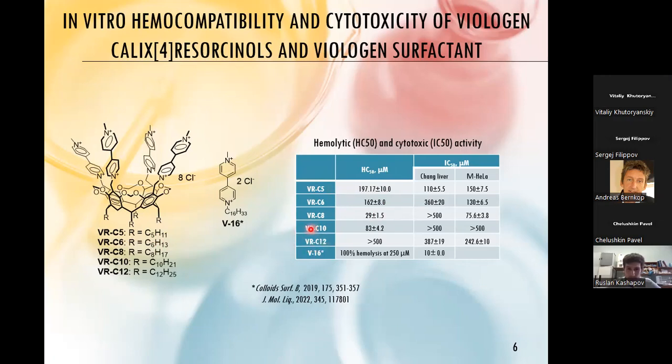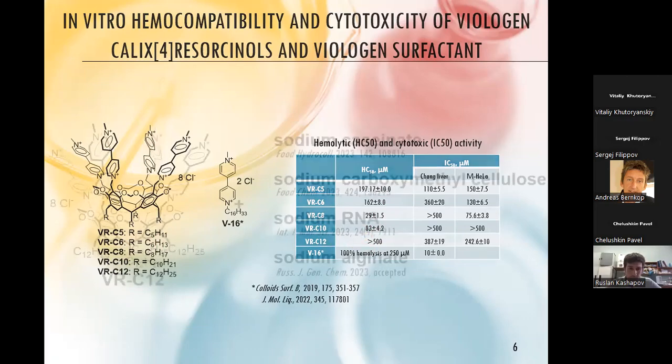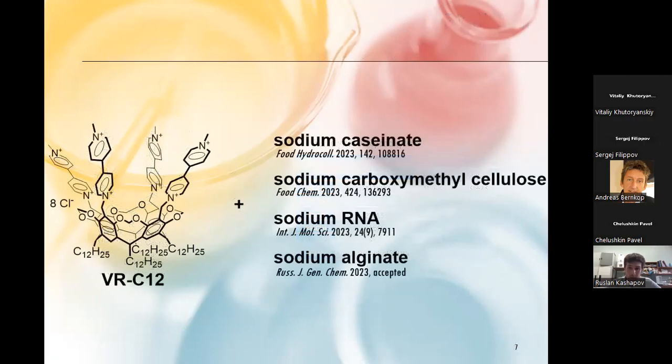And the dodecyl macrocycle doesn't cause hemolysis of erythrocytes in the studied concentration range. Due to the fact that dodecyl macrocycle shows the least cytotoxicity, this calixarene was used to create supra-amphiphiles with polymers.